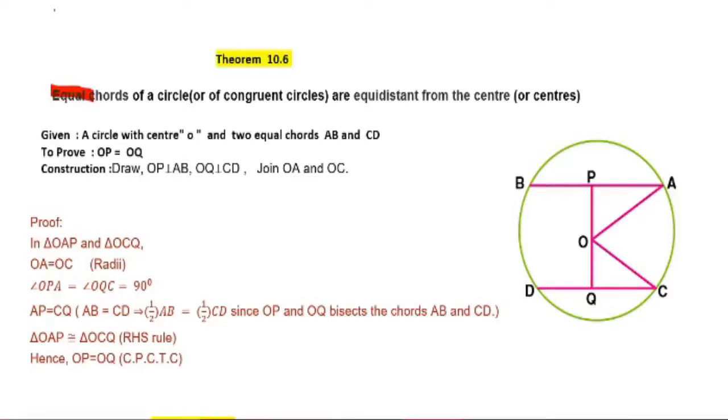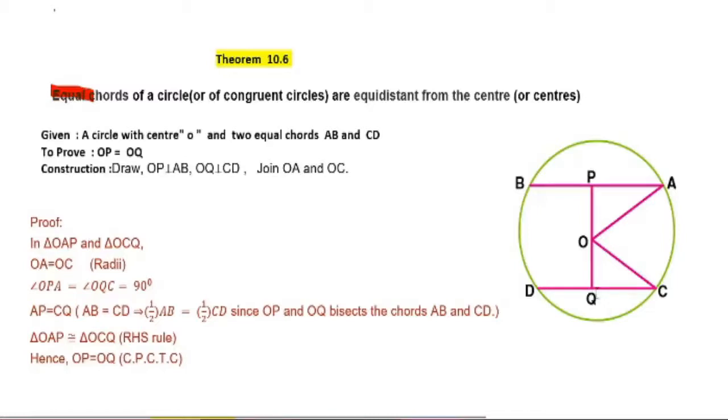Then we have to prove OP equal to OQ. That means the distances of these chords from the center are equal. Here OP is the distance of the chord AB from the center, and OQ is the distance of the chord CD from the center. So we have to prove OP equal to OQ.